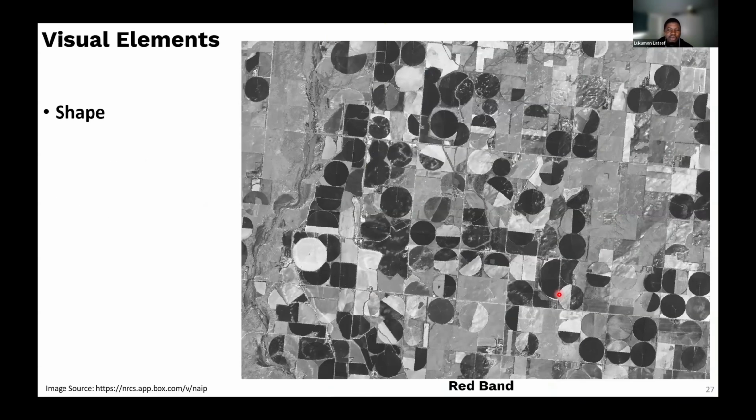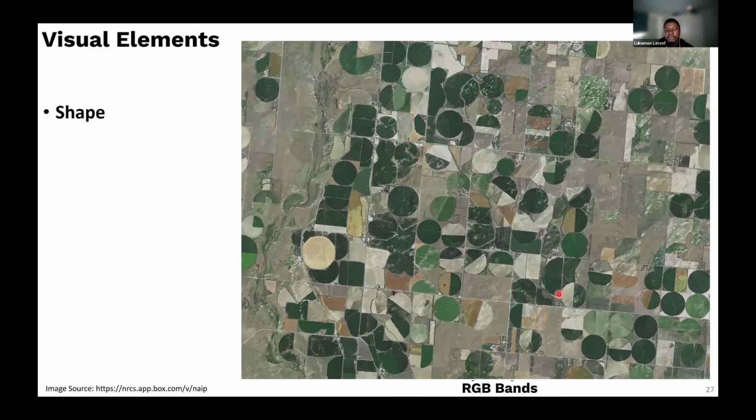Shape is also an important factor that we can use to distinguish elements. Here, even without seeing the colored image, we can see these are farmland, circular irrigation farmland. And also we can see it in the colored image.